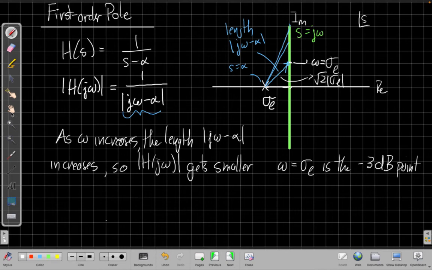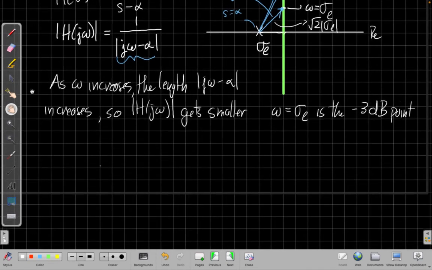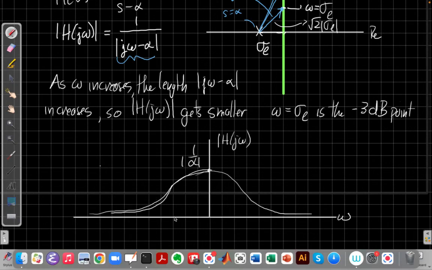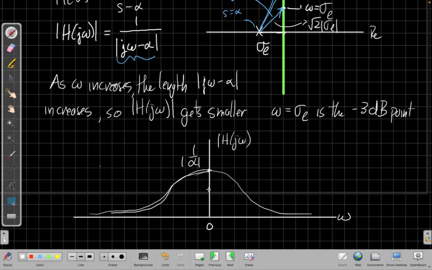So let me quickly sketch the magnitude of H for the first order system we've seen before. I'll have my peak for this first order low pass at ω = 0, and then it will decay off, and the minus 3 dB point, which would be 1 over root 2 times the peak magnitude, will happen at ω = α.